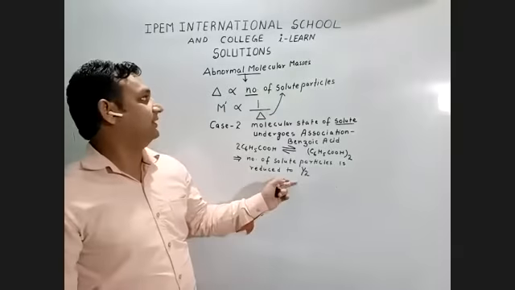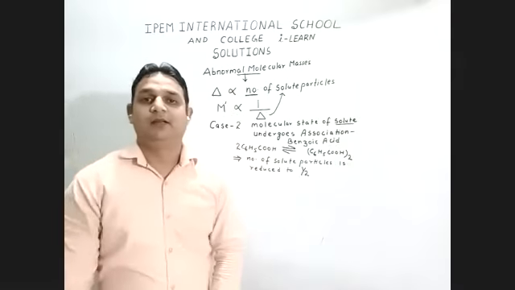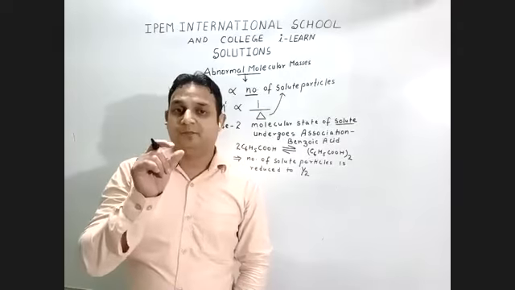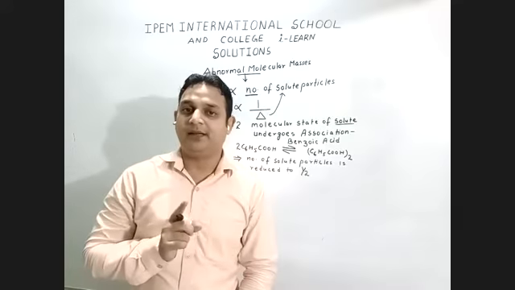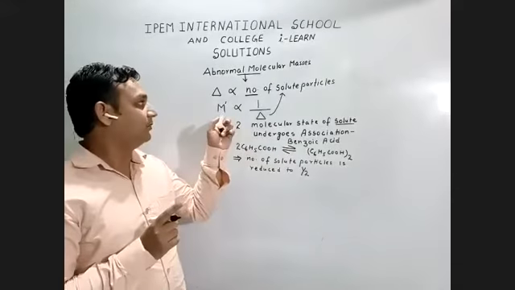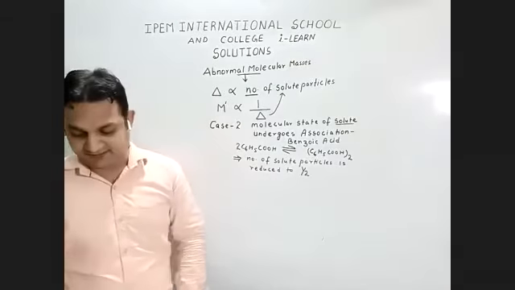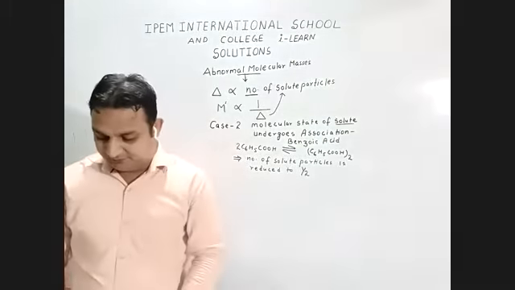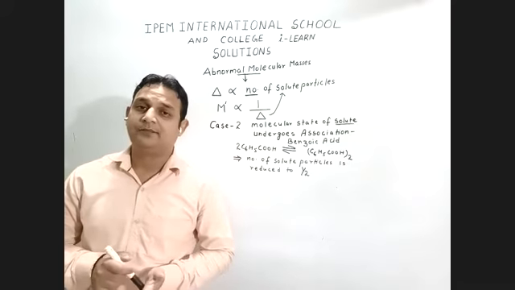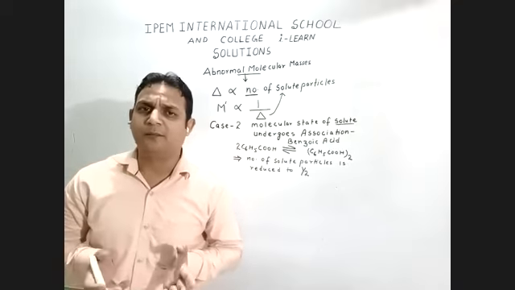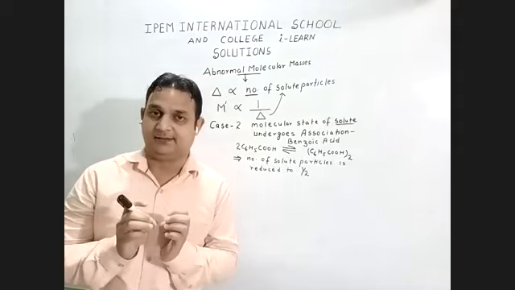When the number of solute particles is decreasing, what will be the effect on the colligative property? Colligative property will decrease. When the colligative property decreases, the molecular mass of solute will increase. All right, got it clear? Abnormal molecular masses in case of association will increase.